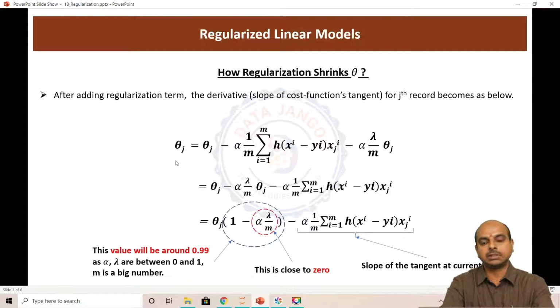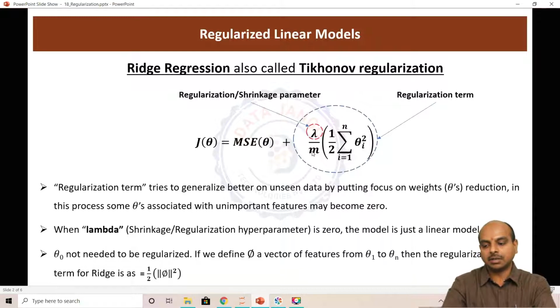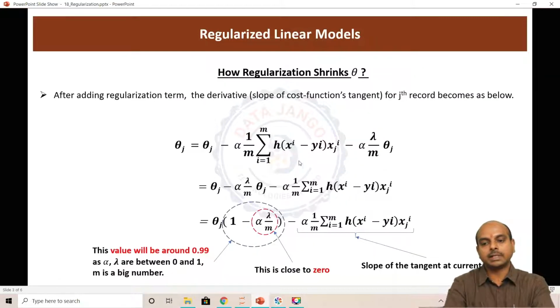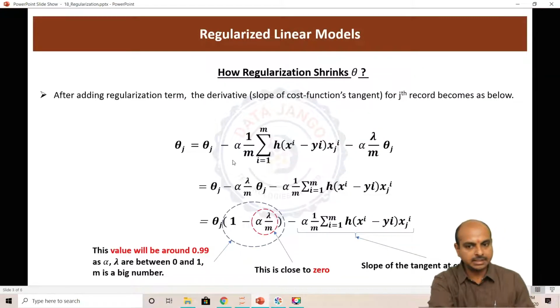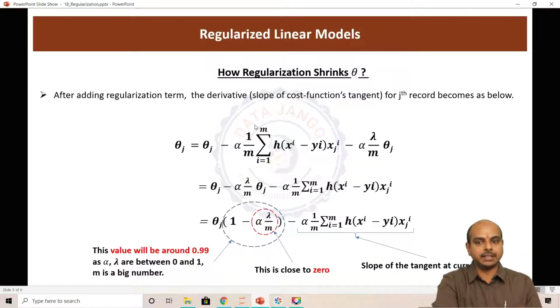When you add this additional term, the derivative becomes like this: theta is equal to theta minus alpha into, this is the original derivative term, and additionally this term gets added, right? To theta, we are subtracting some value with normal gradient descent or stochastic gradient descent, but after adding the regularization term, we are reducing even more.